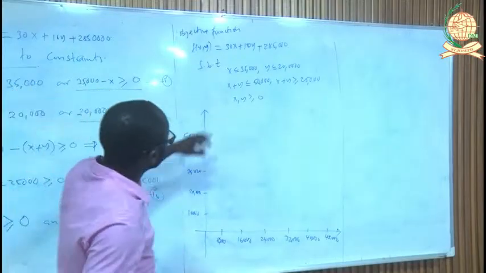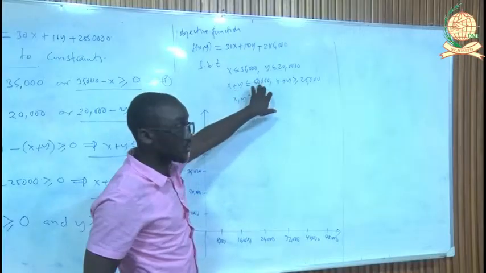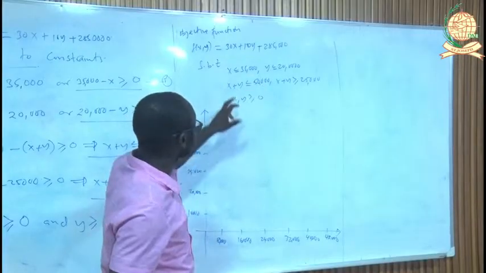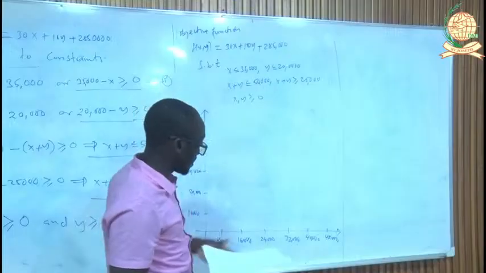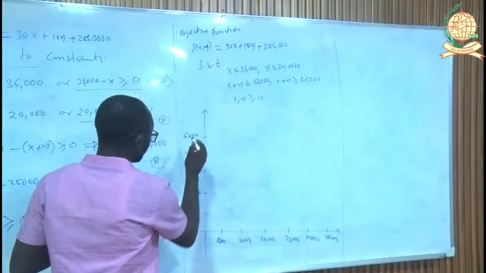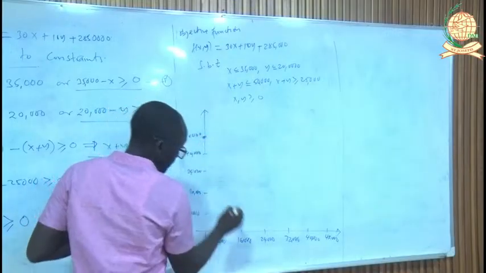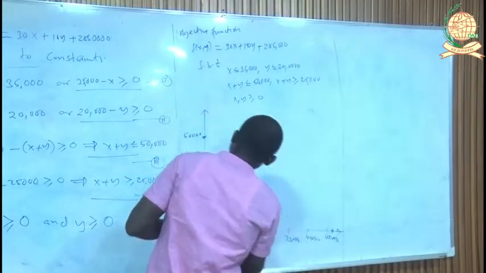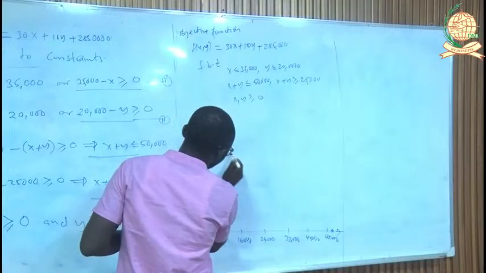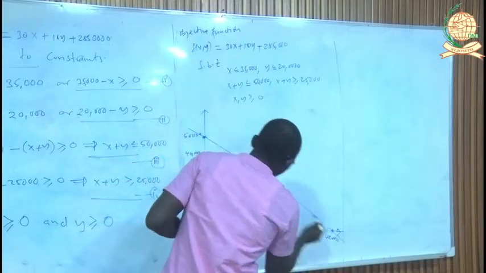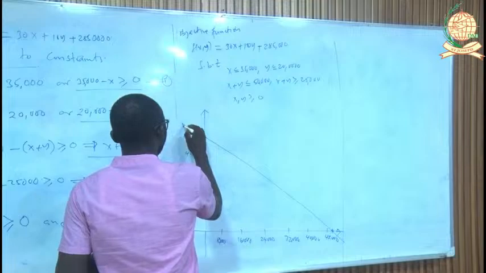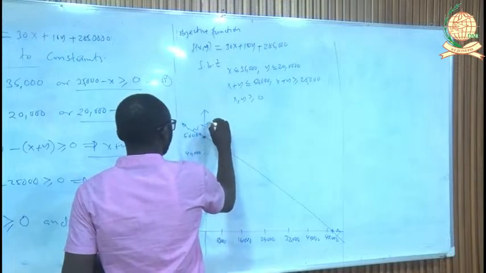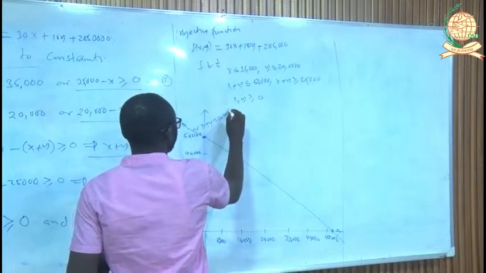From this line here, this line is going to be x plus y equals 50. So its intercepts are going to be 0 and 50, 50 and 0. So we are going to have a line here which is x plus y equals 50,000.